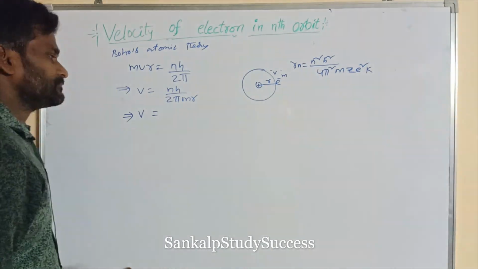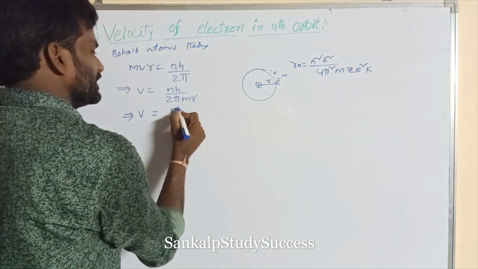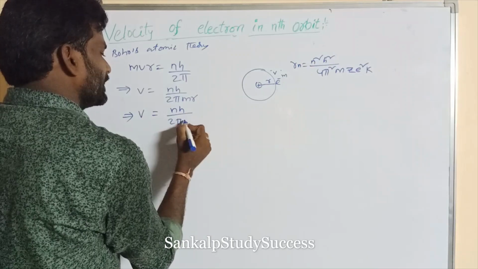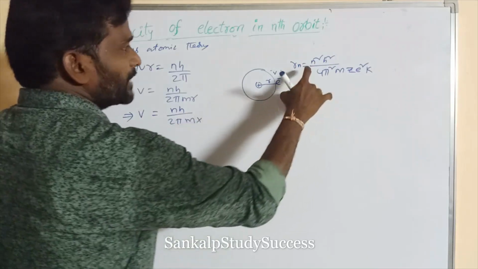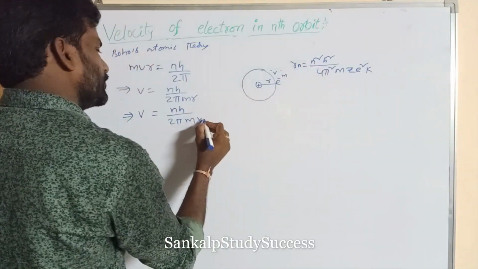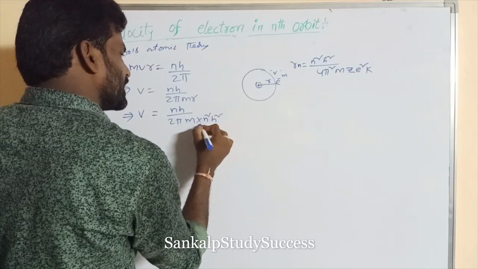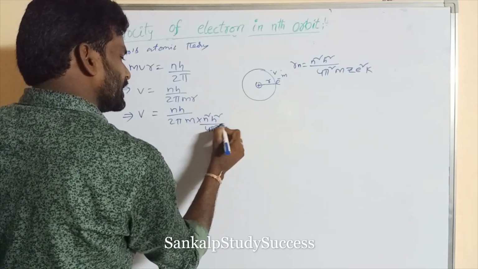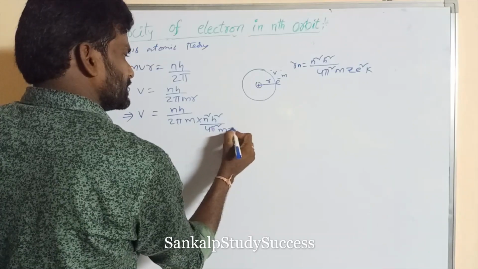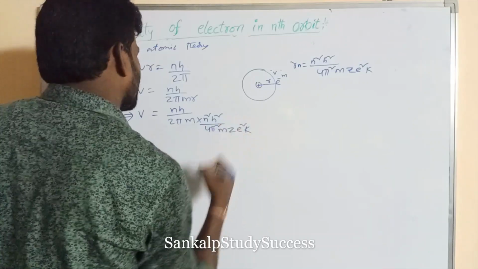Now v is equal to nh by 2 pi m. What is the r value? r is equal to n square h square by 4 pi square m z e square k.